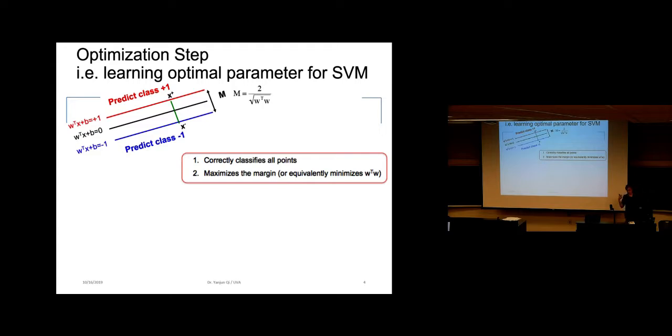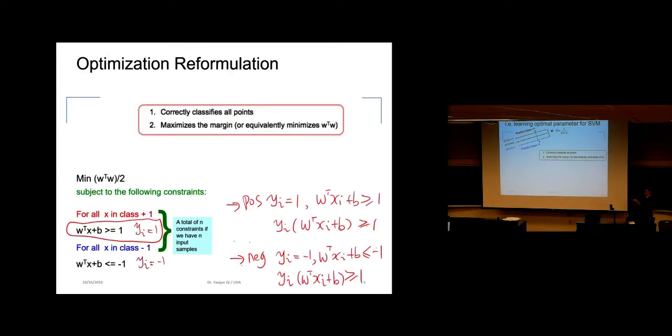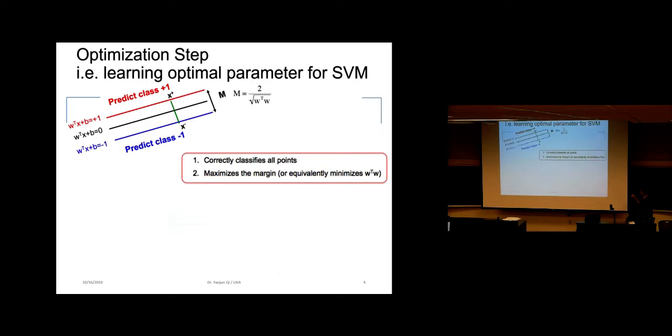Okay, so let's recap what we learned before about the linearly separable SVM. We try to achieve two goals. The first goal is to maximize the margin, which is equivalent to minimizing W transpose W. At the same time, we want to correctly classify all the points, because in the hard SVM case we assume there are solutions that can correctly classify all the training points.